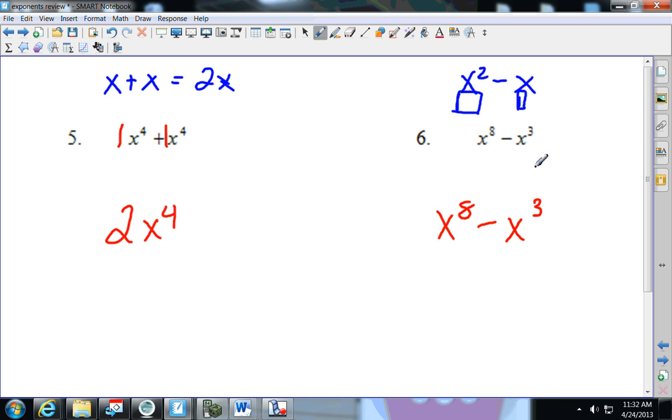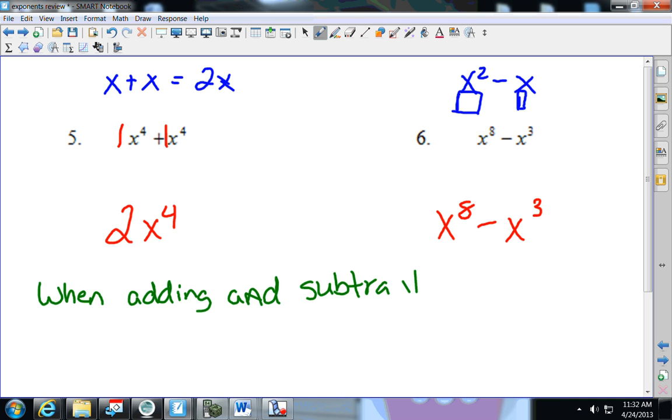Let me say that again. When adding and subtracting, the exponents must be the same.